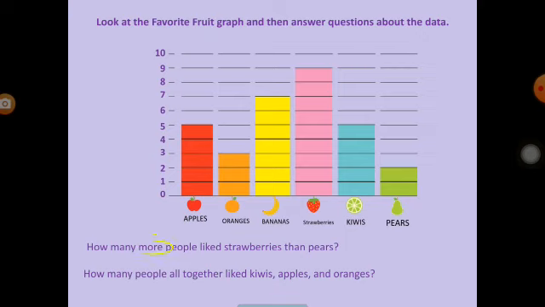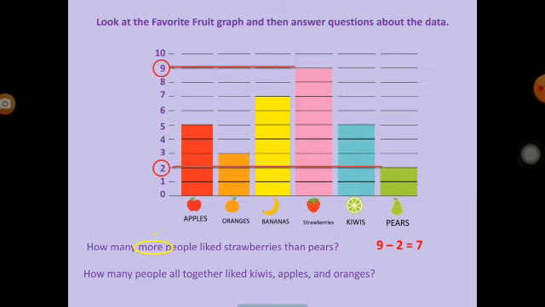When I see the word more, I'm going to make a circle around it and we do minus. So we said in minus we do big minus small. So how many for strawberries? I have 9. And how many for pears? I have 2. So 9 minus 2 gives me 7.